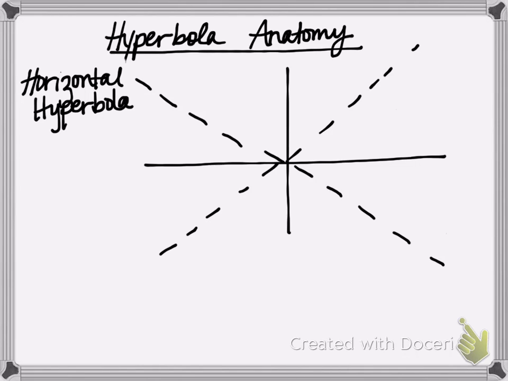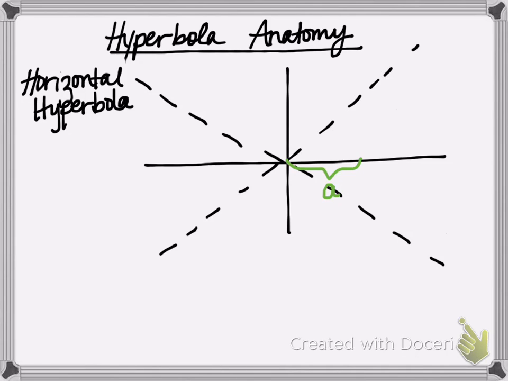To create a hyperbola, we're going to figure out the asymptotes, which we'll do in a little bit. Then we'll travel a distance away from the center. The center in this particular case is (0, 0). So I'm traveling a distance to the right, and that distance is what we're going to call our A value, if it's a horizontal hyperbola.